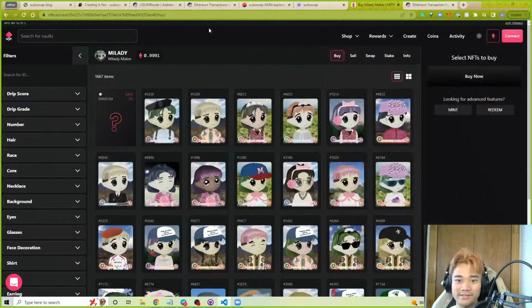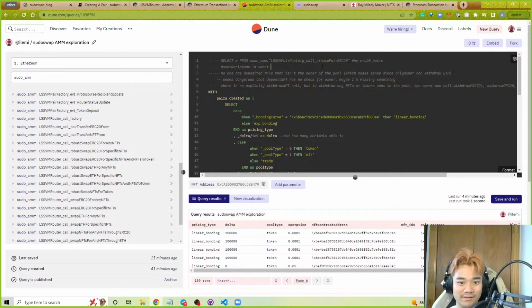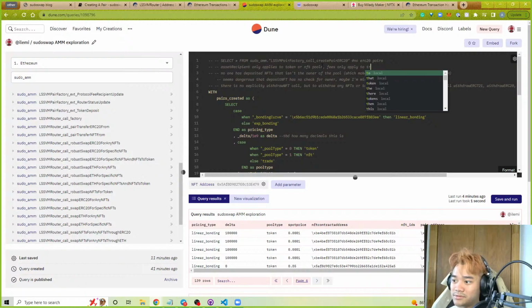Okay, hold on. Let me start writing this down before I get lost. Asset recipient only applies to token or NFT pools. Fees only apply to trade pools.